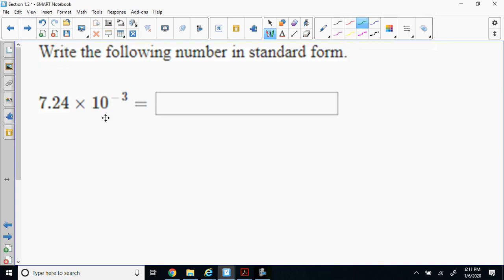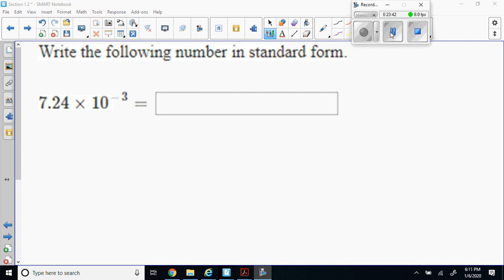All right, so take that one out. Rewrite that. 30 seconds. All right, so here we go. 7.24. I know that I have to move it 3 times. It's a negative, so therefore it's got to get smaller. Negative exponents come from small numbers. So 1, 2, 3. And then you come back in and fill in those blanks with what? 0.